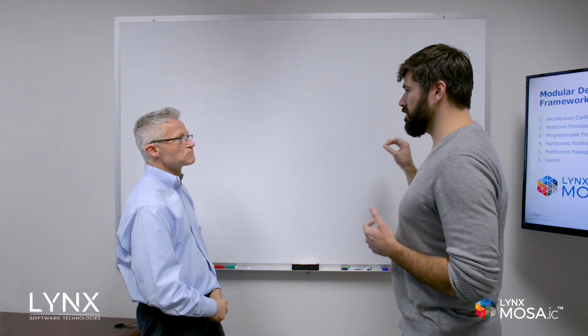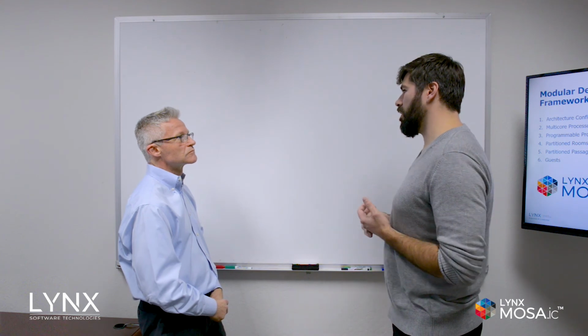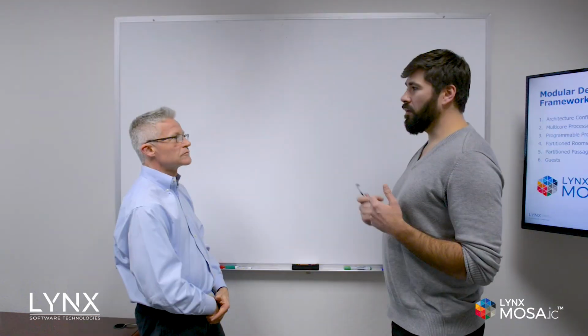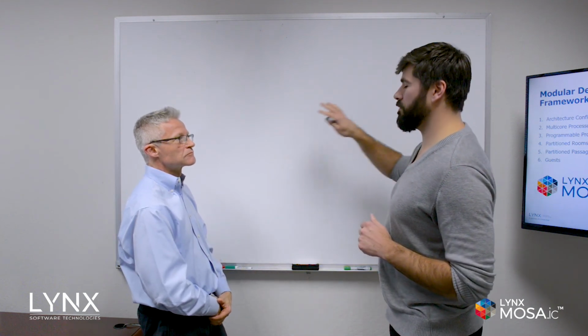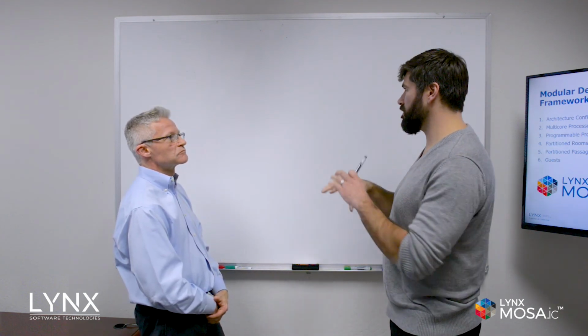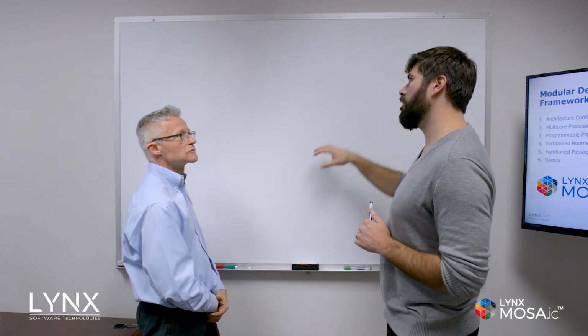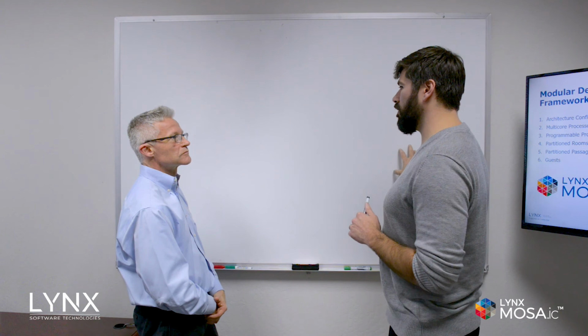I'll just draw out a basic start for orienting people on what the difference might be. All right, so I'm going to draw just two sides. One side is going to be the general model of application relationships with operating systems and hardware, and the other is application relationships with hardware with Mosaic.